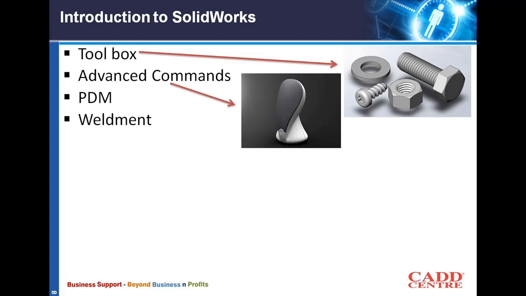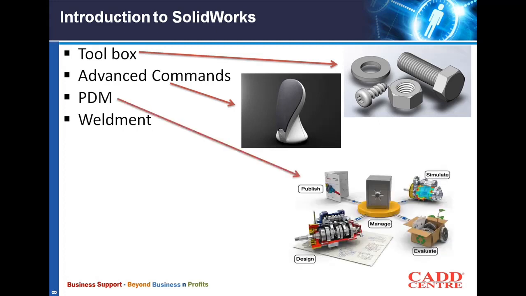Now if you want to create these types of features, you have to create the product using advanced commands, where SolidWorks will use commands like freeform, where you can drag the surface and create it like clay modeling, and you can also twist and blend, whatever you want, using advanced commands.